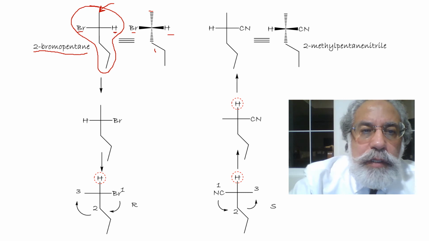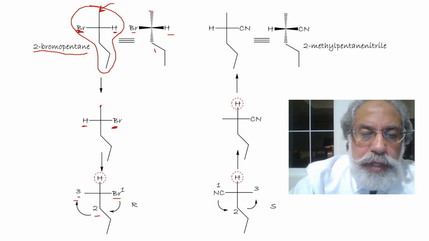Hydrogen with Br was my first choice, so H in here and Br in here. Then I changed the methyl with hydrogen, so the hydrogen is here and CH3 is here. Now for priority, number 1, number 2, number 3 is going this way. The configuration of this compound on this chiral center is R.